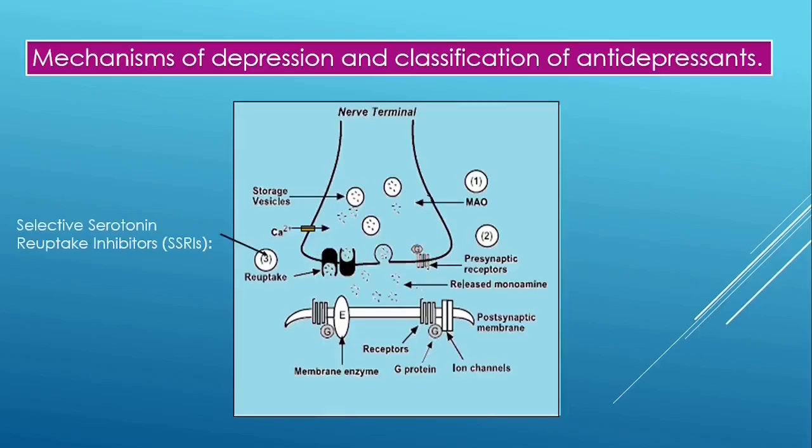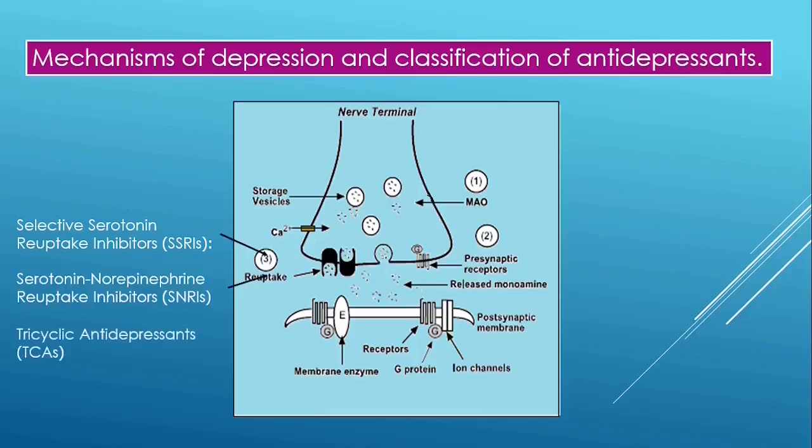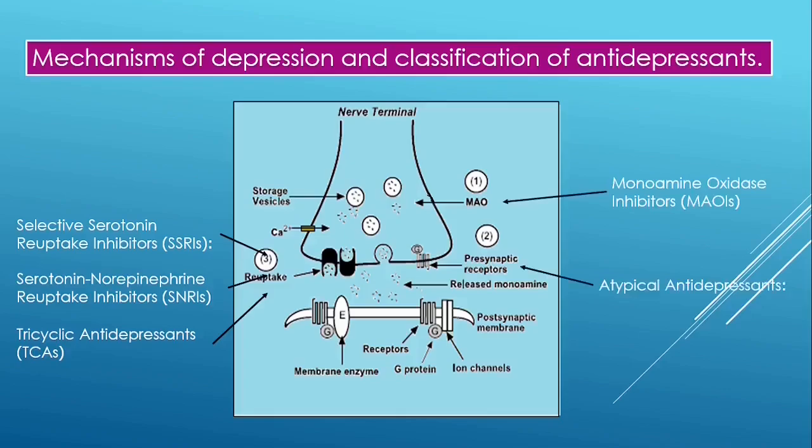We said that all antidepressants act through the monoamine system, and we classify them into four major groups. The first were the tricyclic antidepressants, then the selective serotonin uptake inhibitors, then the monoamine oxidase inhibitors, and the atypical antidepressants.